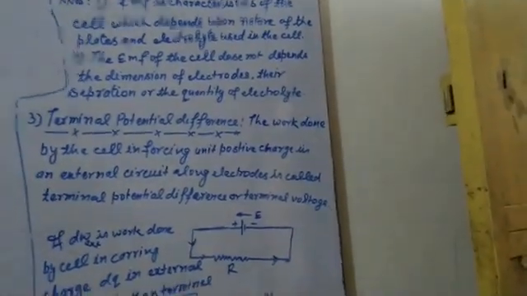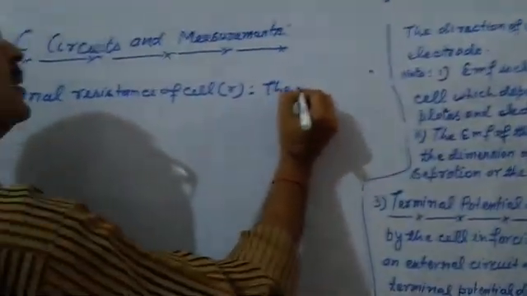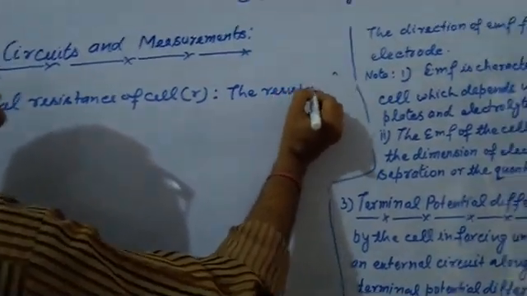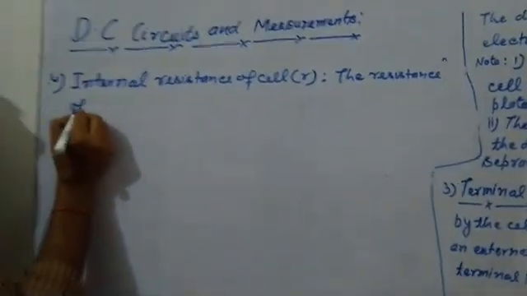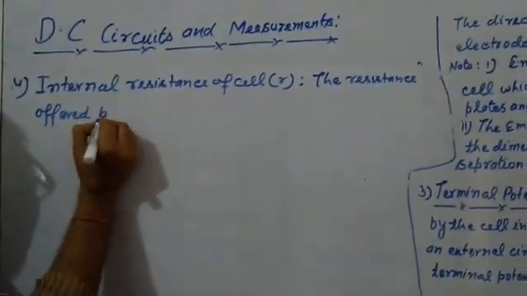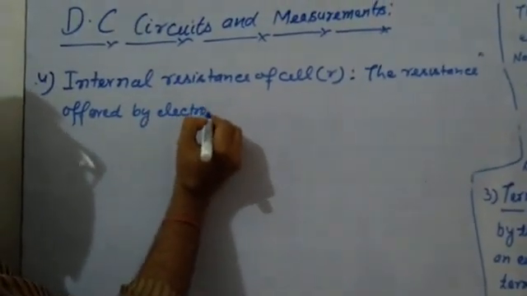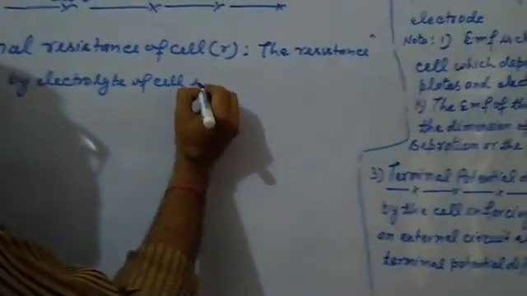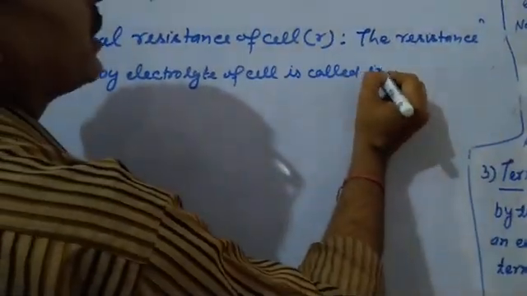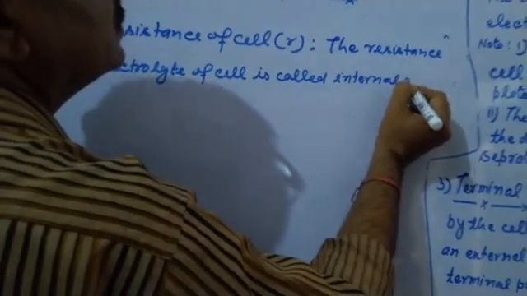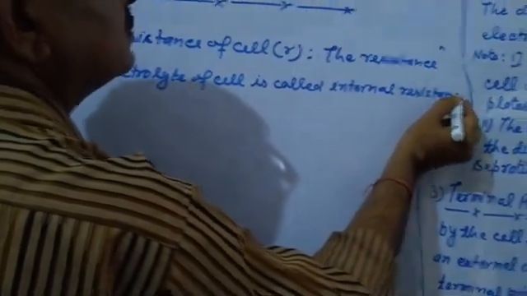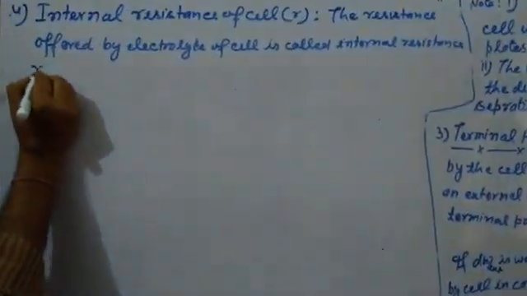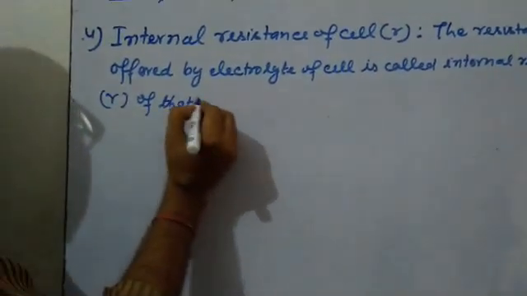The resistance offered by the electrolyte of the cell in the flow of charge is called the internal resistance, small r, of that cell.